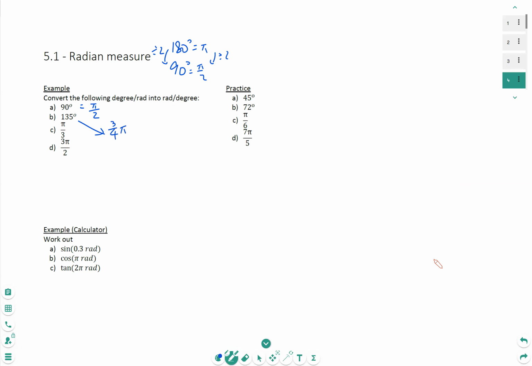What about pi over 3? To convert radians to degrees, we times it by 180 divided by pi.